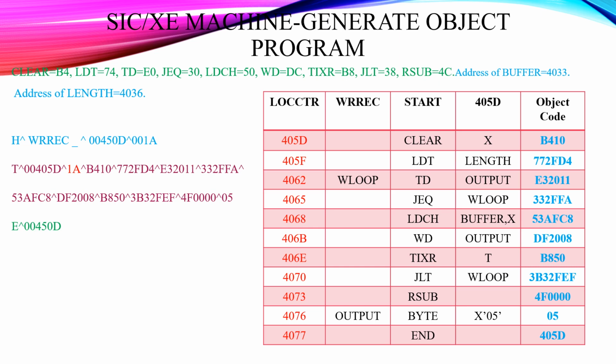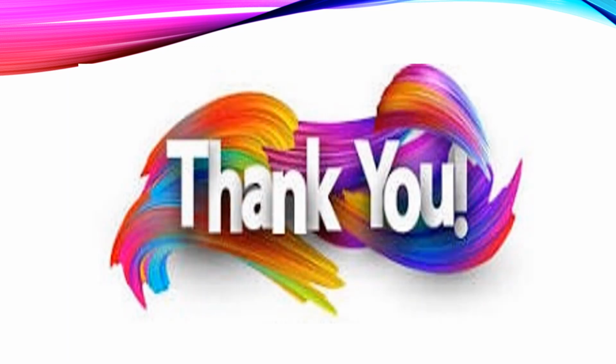First we need to find the object code and then convert it to the object program, mainly consisting of the header, text and end sections, where the length is 4077 minus 405D, which is 001A. Thank you.